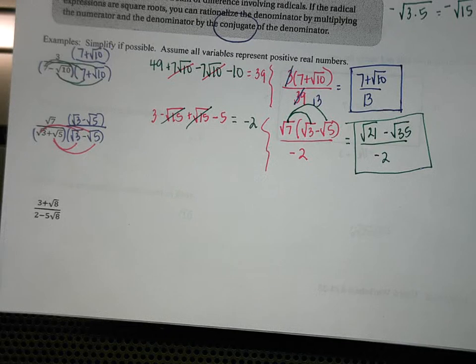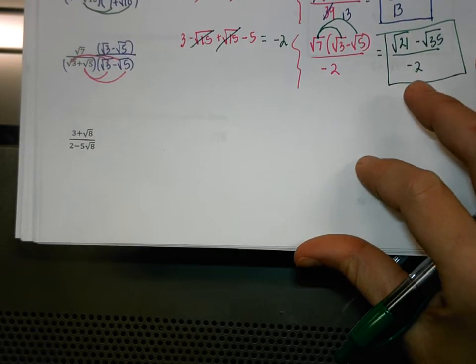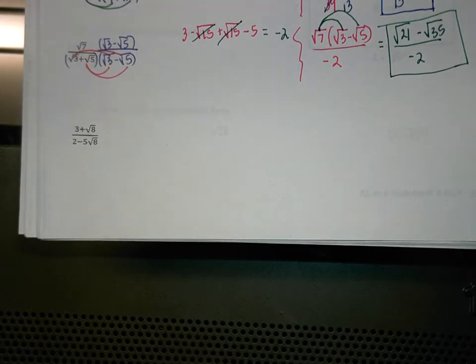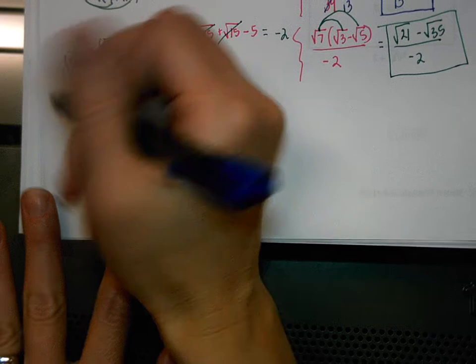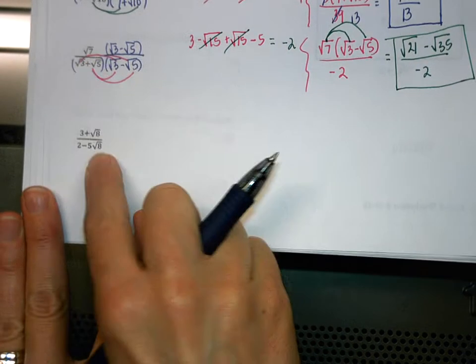All right, so we have this last one. This one is slightly more complicated, and do you know why? Yeah, and if you notice on the top, prior we just had a monomial, one single term, and on this one we have a binomial, we have 2 terms.